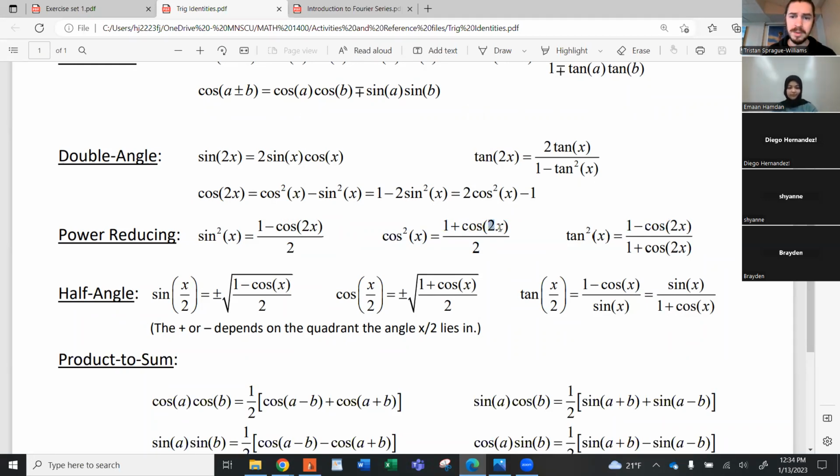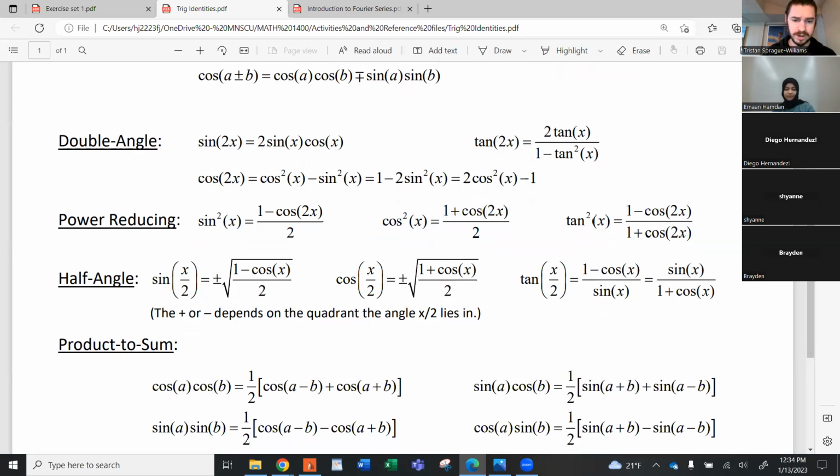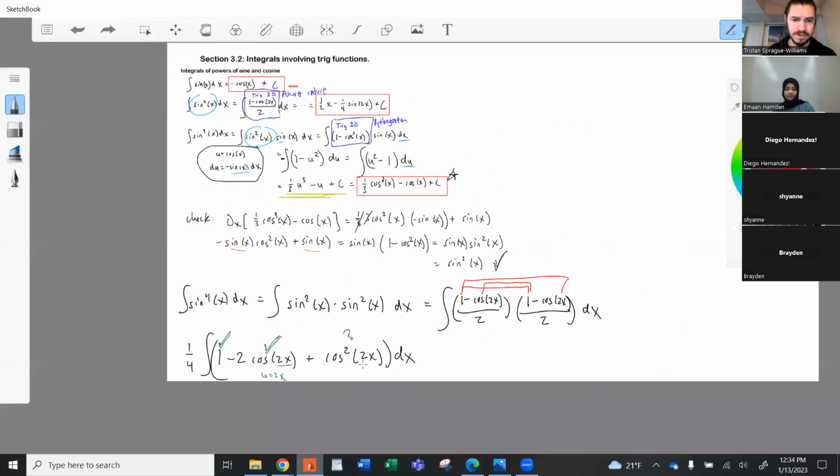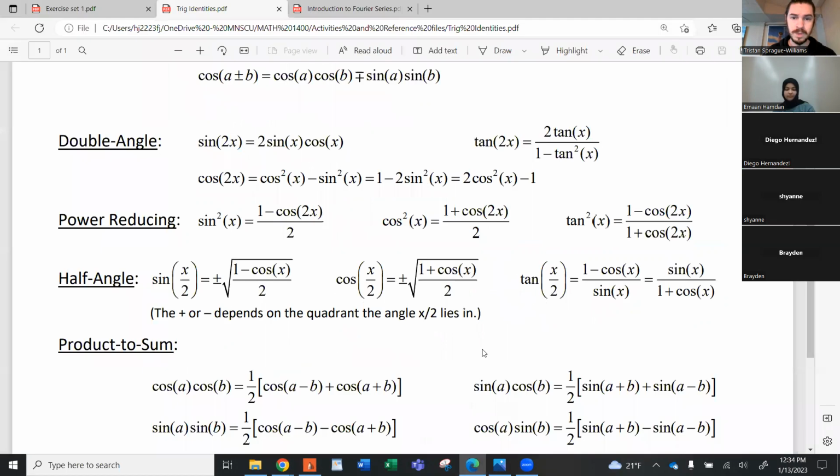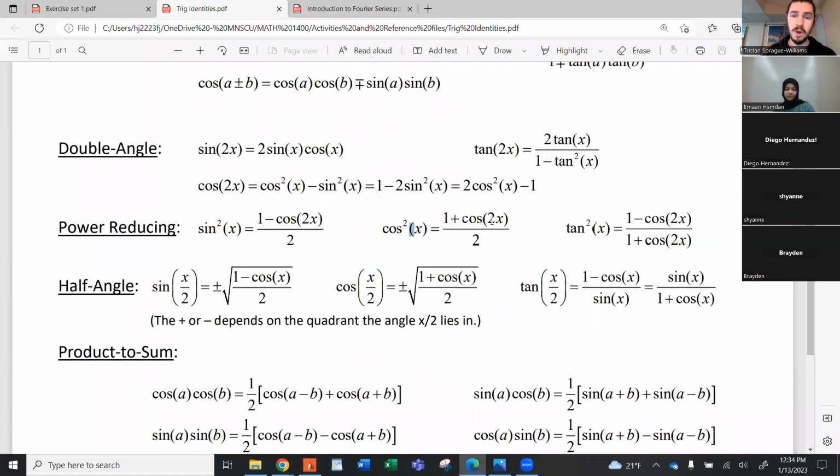It's still going to be doubling whatever the original input was. So this is one place where it's a little tricky, because this time our input here is 2x. So when we apply the formula, what used to be x is now 2x, so 2x on this side of the formula becomes 4x.